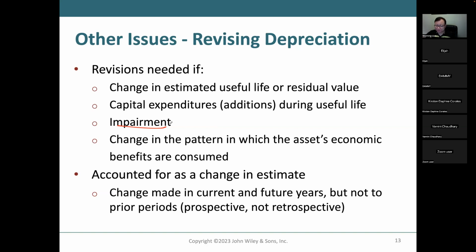But because of COVID, you have less cash flow, so the office building's value should be lower. If it's lower than the book value, the value recorded on your books, that's called impairment. So you have to revise your depreciation because the value has changed.